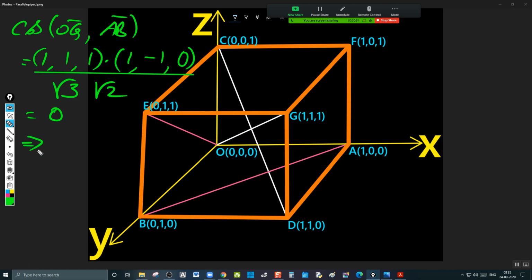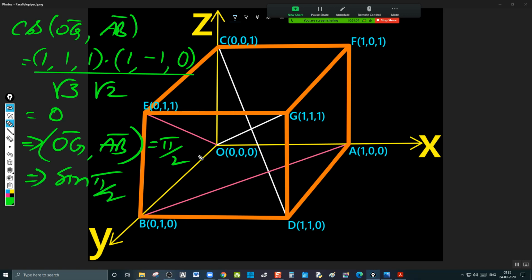Means the angle between OG bar and AB bar is pi by 2, which implies sine pi by 2. This is nothing but theta given. So if it is theta, sine pi by 2 becomes 1 there.